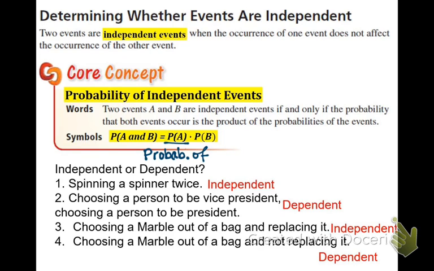So probability of event A, and then what do you think the other part means? Probability of event B. What's happening between them? Multiplied. So you're going to find the probability of event A happening, find the probability of event B happening, and then multiply them together.